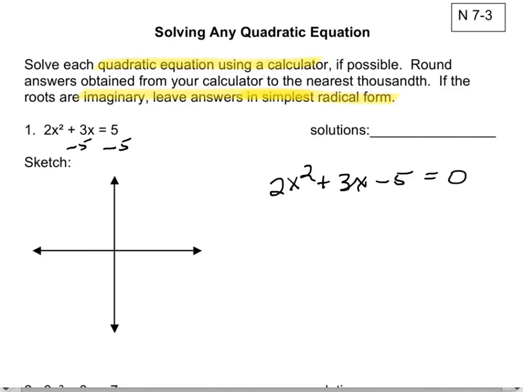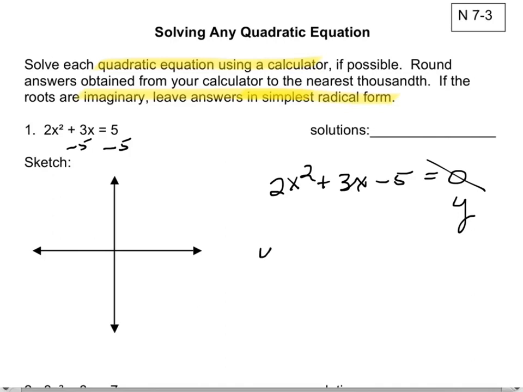Instead of equals 0, you're going to put it in the y equals, and where y is 0 is your answers. That's why when you find the roots or the things on a graph, the roots, solutions, answers, whatever, those are all kind of interchangeable terms for what's going to solve your quadratic equation.